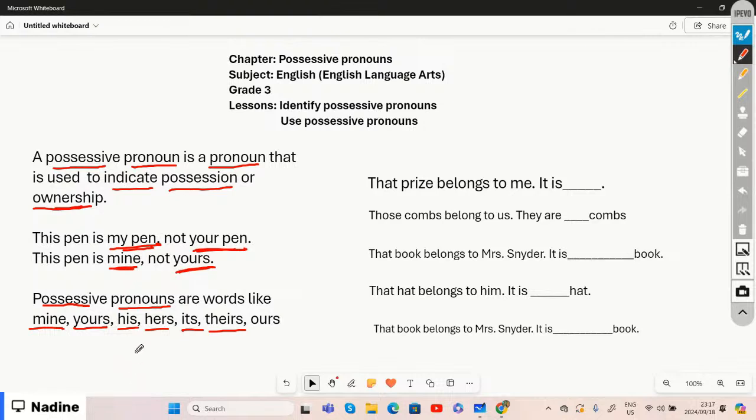It is its, theirs, or ours. If that prize belongs to me, then it is what pronoun should we put there? What possessive pronoun should we put over there, if we say that prize belongs to me?